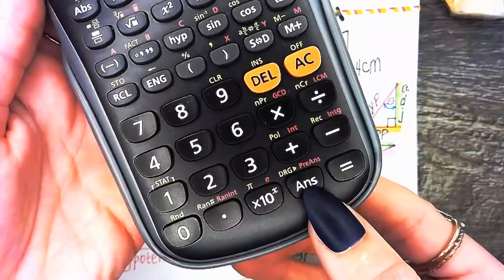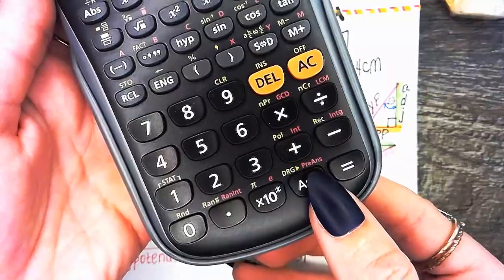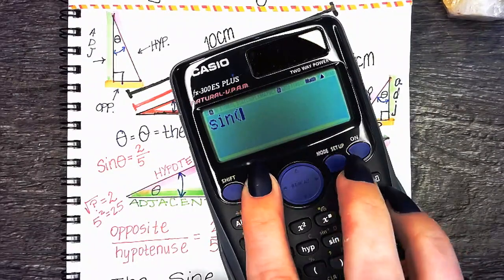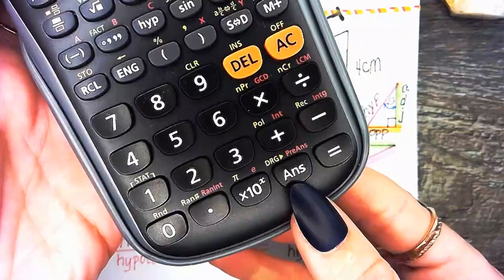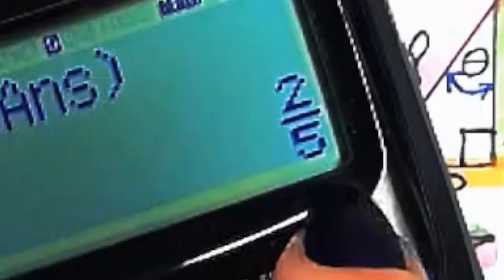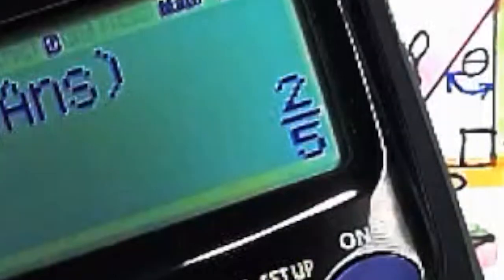If I wanted to take the sine of the answer, I want to use the answer button. So I already have sine on the screen. If I press the answer button, I'm going to close the parentheses. This means I'm taking the sine of the previous answer. I didn't feel like writing it down and then typing it back into the calculator. It was the previous thing on my screen, so I'm going to try it out this way. If I hit equals, it gives me 2/5. Pretty precise. It gives me that fraction just the way I started the problem.